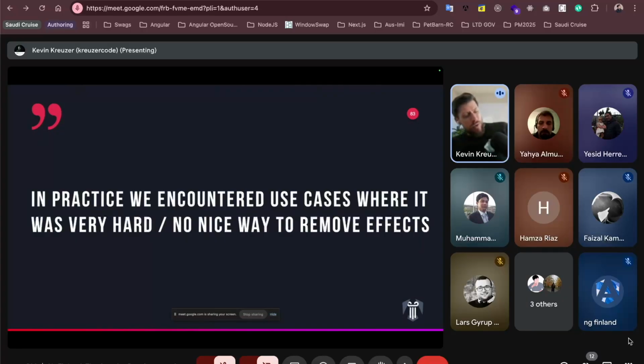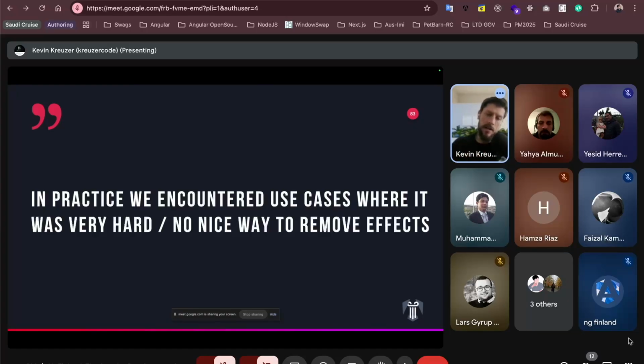We say try to avoid effects, but in practice, we also encountered use cases where it was very hard to get rid of effects completely. Sometimes we had no nice way to remove effects, and in some scenarios, effects also make sense, like for logging, where you have some changes and you want to log a side effect.